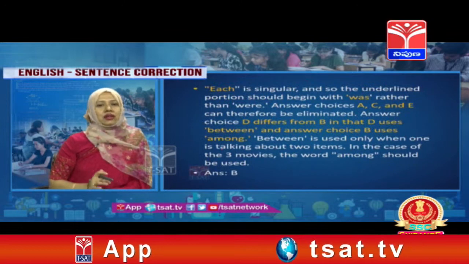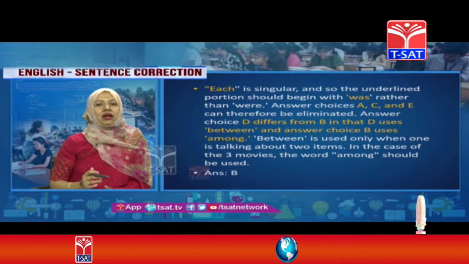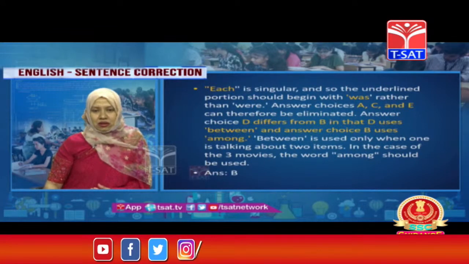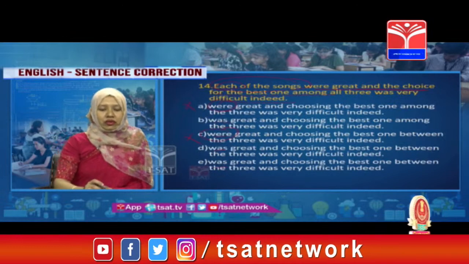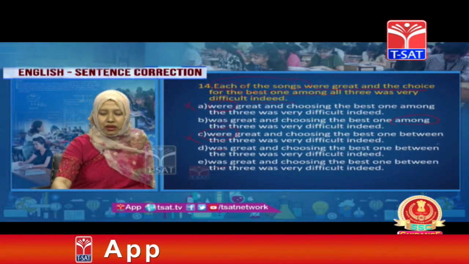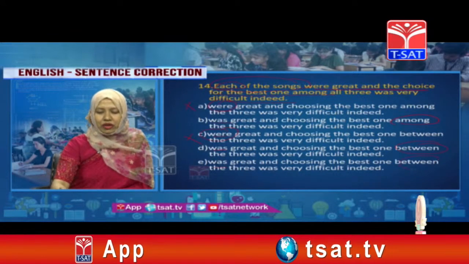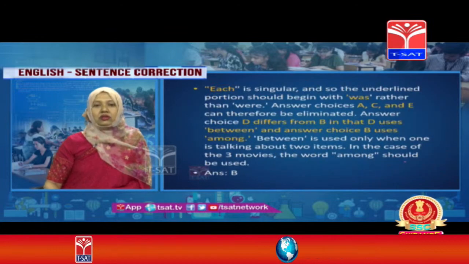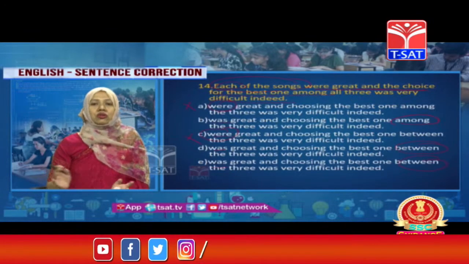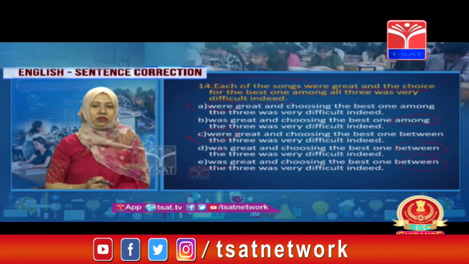Now, if you look at option D, it differs from B in that D uses between and the other uses among. Whenever two persons or things are there, we use between.